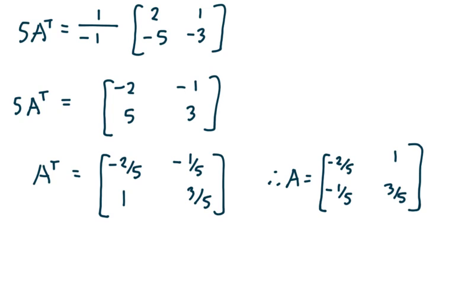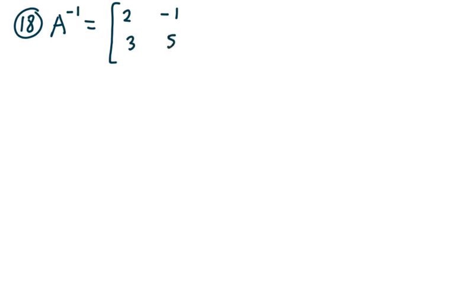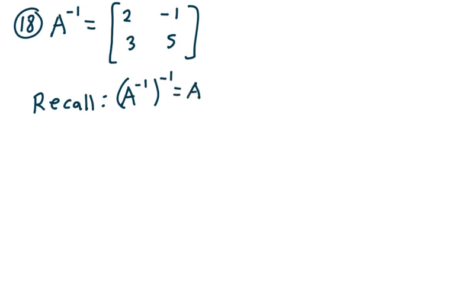Let's take a look at number 18. So if A inverse is the matrix 2, negative 1, 3, 5, recall, the inverse of A inverse equals A, okay?